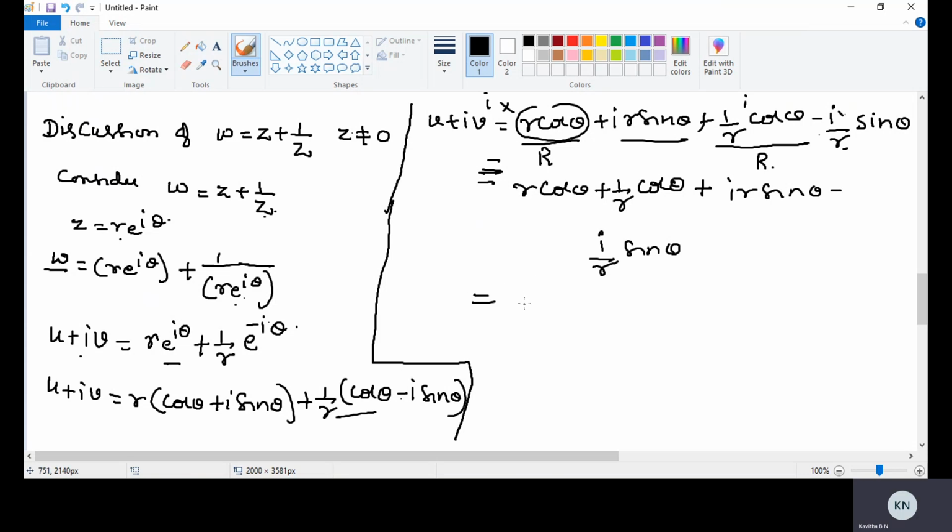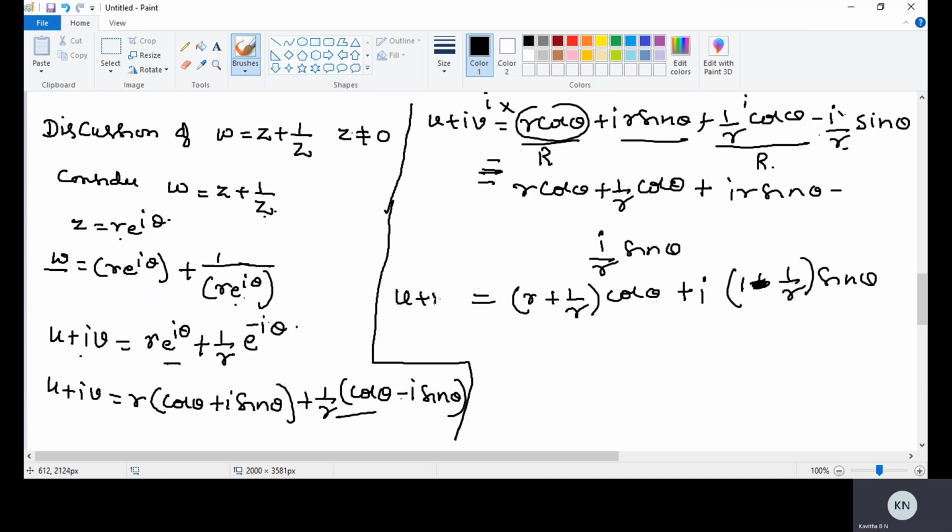Take cos theta common here. R plus 1 by R cos theta plus I, sin theta is also common, R minus 1 by R sin theta.